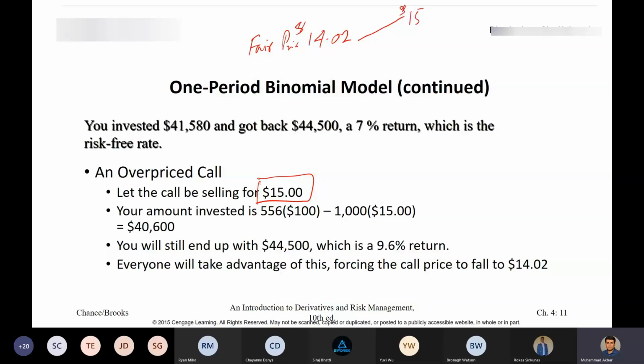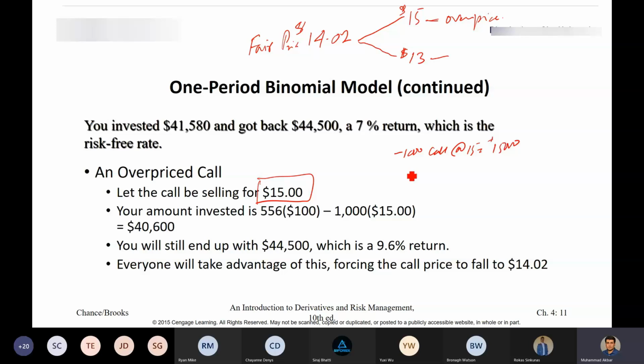So what you will do, if it is overpriced, you will sell the calls and you will invest in the risk-free bond or the risk-free investment, and your rate of return at the end of the period will be more than the risk-free rate. So for example, if the stock price goes up, you sell it for 15. If you have 1,000 calls and you sell them at 15, you will receive $15,000 rather than 14,000.